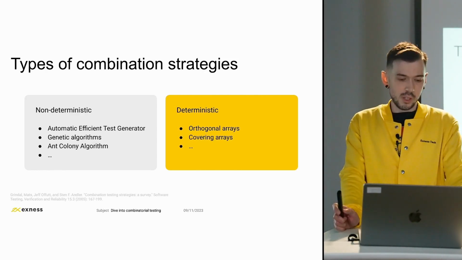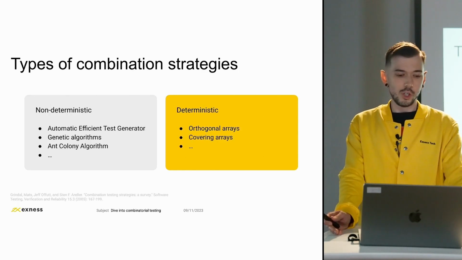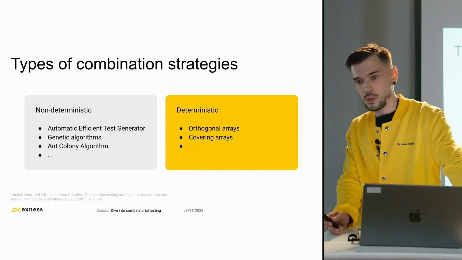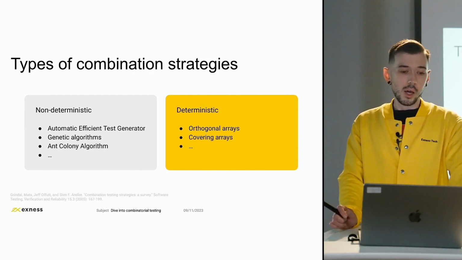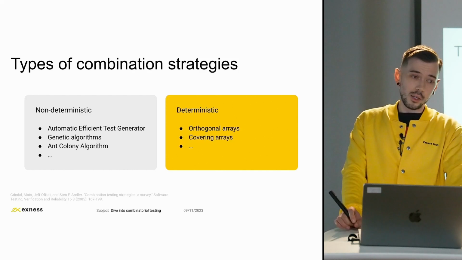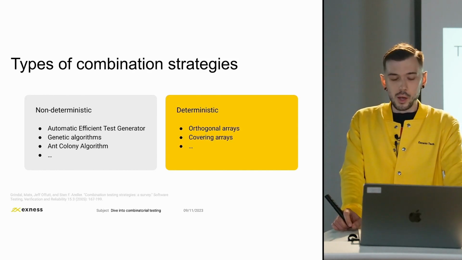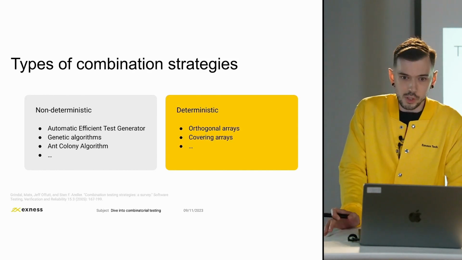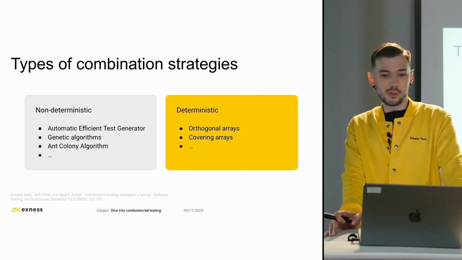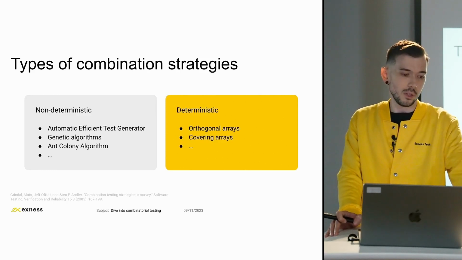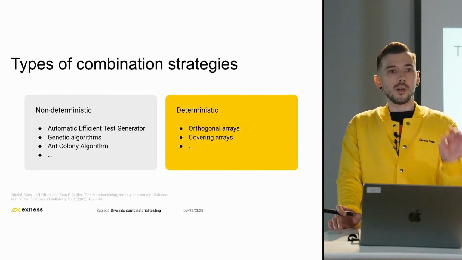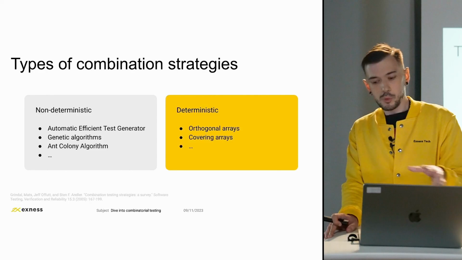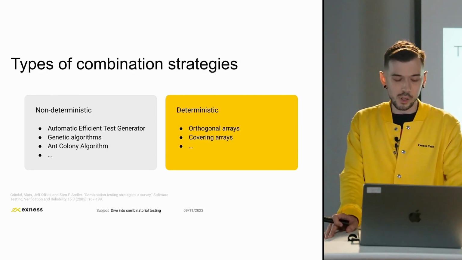And just for comparison, there are 2 combinatorial strategies used: non-deterministic and deterministic. The deterministic one is obvious. Each time you run an algorithm, it gives you the same suite. Non-deterministic gives you a different suite each time. Why non-deterministic is probably your case is just because sometimes they are more effective on some input suites. At the same time, we have another separation, another 2 types of algorithms.